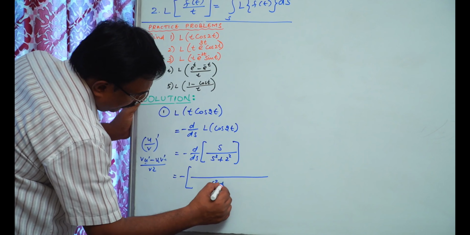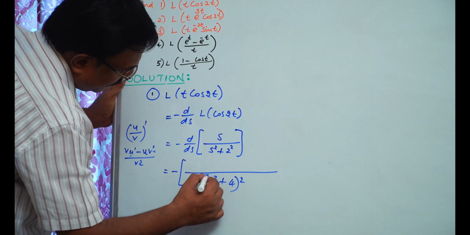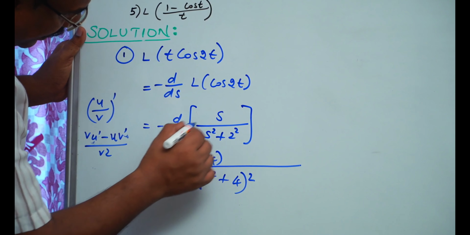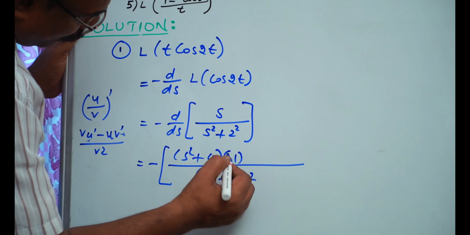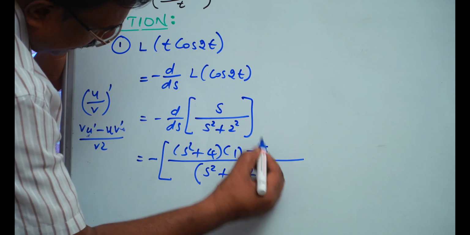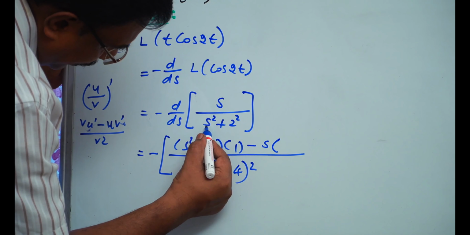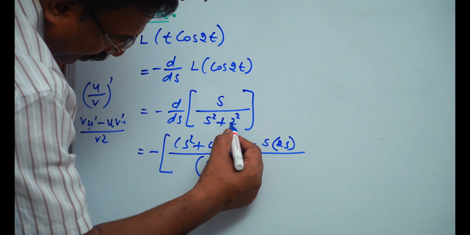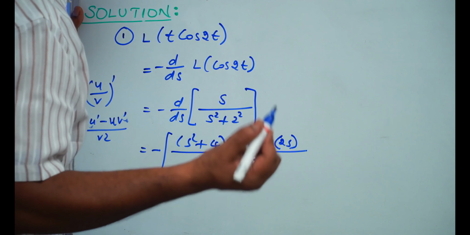Here s square plus 4 whole square is v square, s square plus 4 is v. Differentiation of s is 1, minus s times the differentiation of s square, which is 2s, while the differentiation of 2 square, that is 4, is 0 because it is a constant.